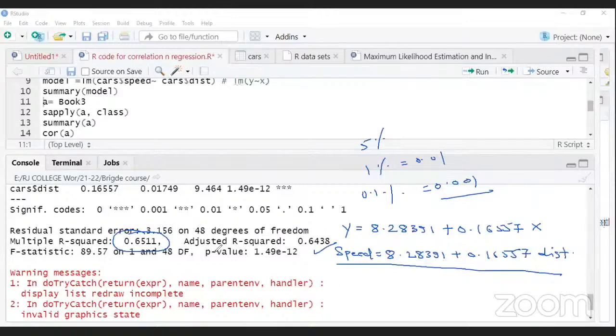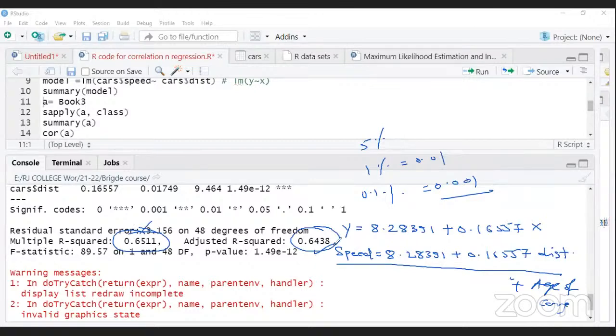But suppose I have more than one variable. After speed, suppose I have some other variable, let's call it the age of that particular car. Suppose I'm considering one more variable, age of car. In that case, you always go for adjusted R-square. Remember, don't go by multiple. When you have a simple model with one independent variable, you can go for multiple R-square.